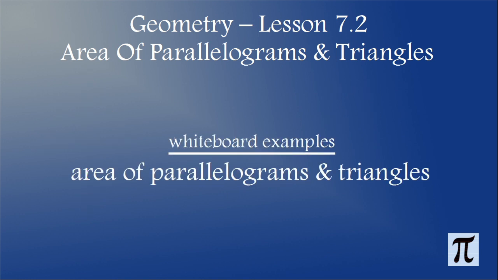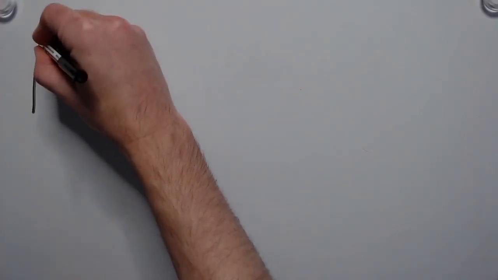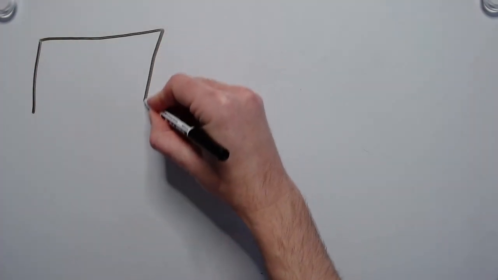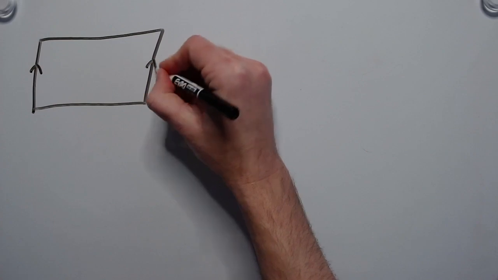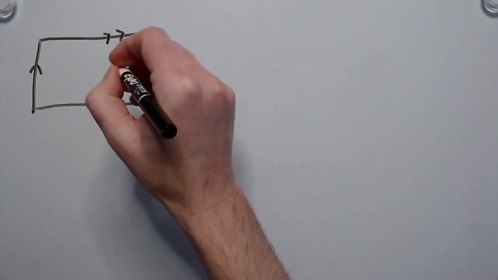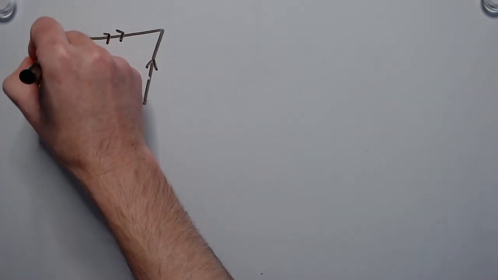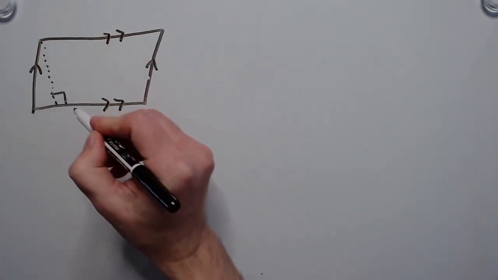Let's turn over the whiteboard and do some examples. All right, we're going to start with a parallelogram up here. Something like this, similar to what we saw in the slides. I promise these sides are parallel. We'll even put the little marks to show that we know what we're talking about. Parallel and parallel. And then we're going to draw a perpendicular height. Wow, that is a terrible line, but it is perpendicular.